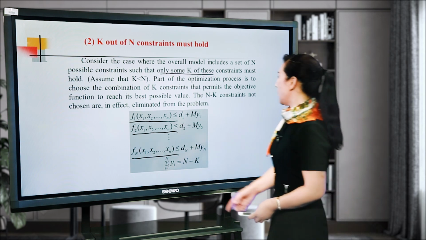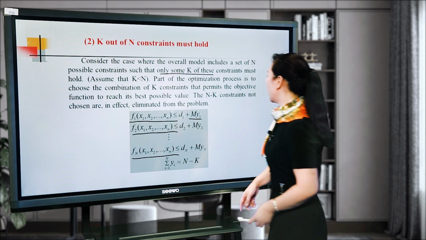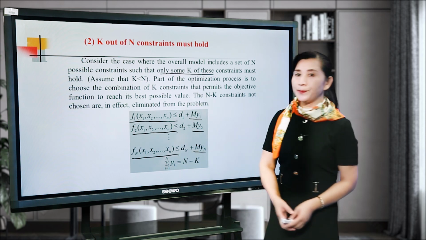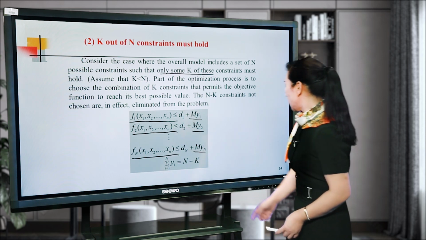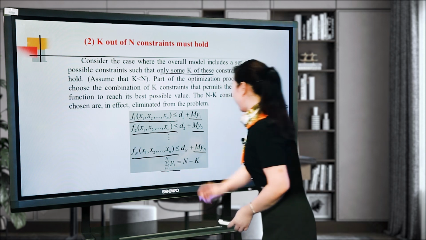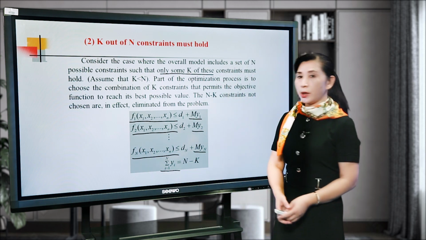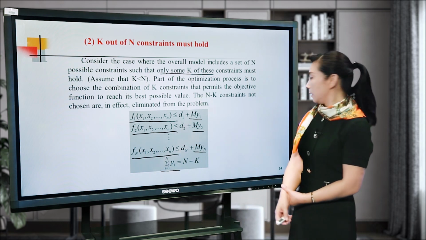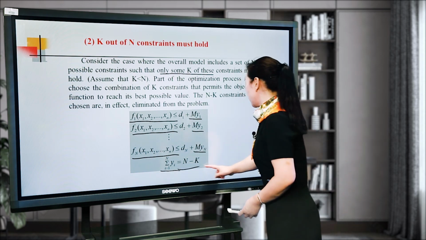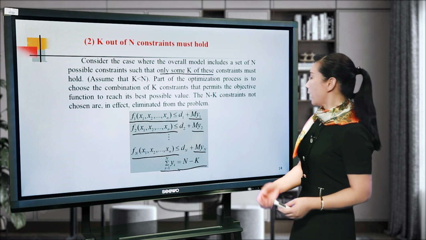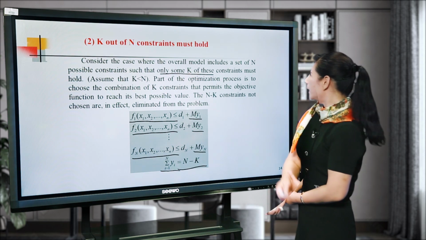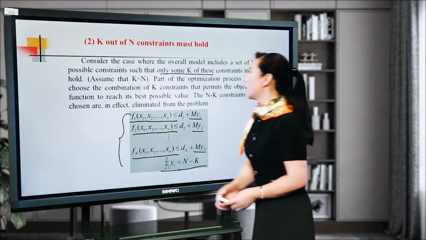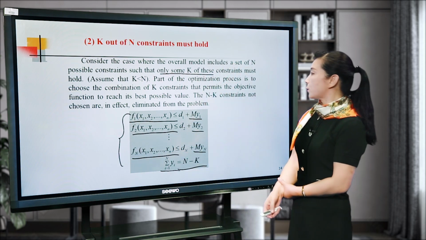So we write plus My1, plus My2, plus Myn, and add the constraint sum from i equals 1 to n of yi equals n minus k. This equation means that only k of the y are equal to 1. So among these n constraints, k constraints hold.